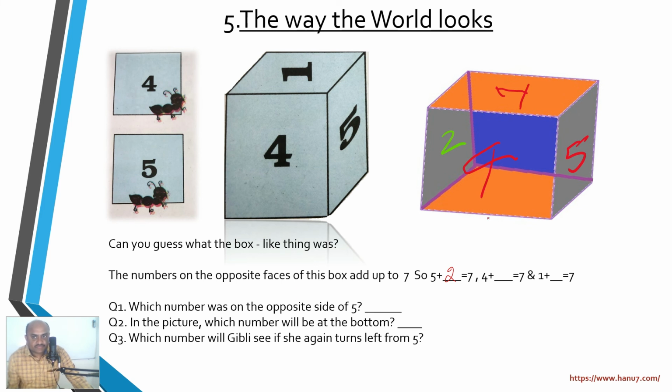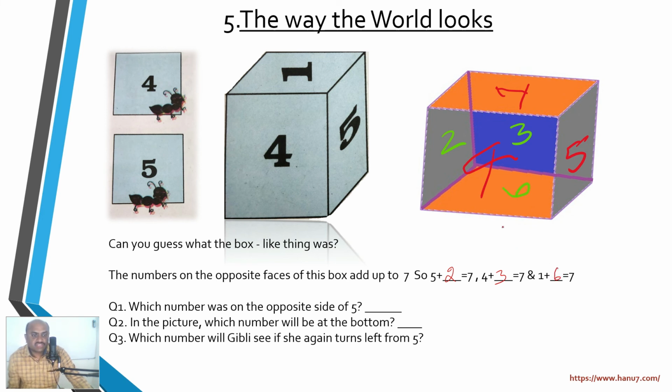The face value here is 4, and what could be the face value of the other one? It is 3. Here 1 is the face value, and the other value at the bottom is 6.